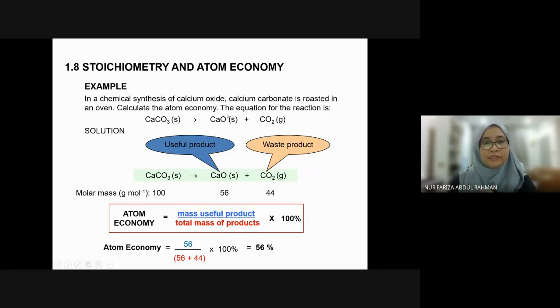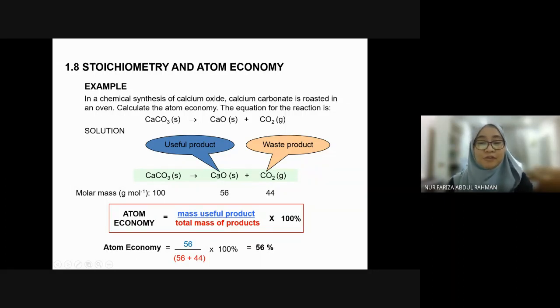Okay, so this would be our useful product. Find out the molar mass of calcium oxide, which is equal to 56. As you can see, all of them have a coefficient of 1. This would be our byproduct or waste product.